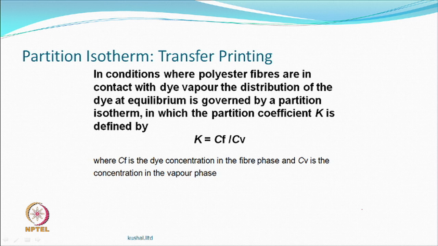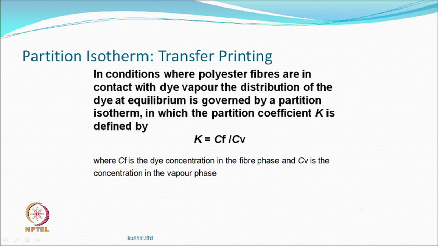So, conditions where the polyester fiber then converts to dye vapor, right. The distribution of dye at equilibrium is again governed by the same partition isotherm, in which the coefficient could be defined in the same manner, where the concentration Cf is the concentration on the fiber and Cv is the concentration of the dye in the vapor phase.